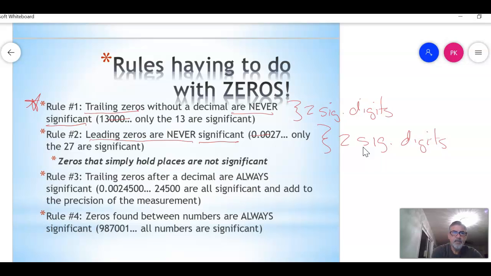Rule 3, right? Trailing zeros after a decimal are always significant. So these would be the significant digits here. These leading zeros just tell you where to start counting from. So this one would have 5 significant digits.